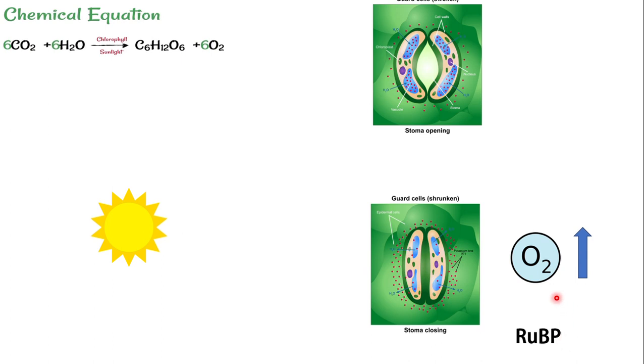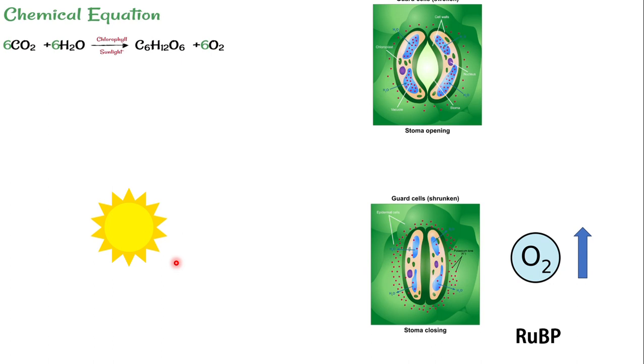So this reaction in which the oxygen reacts with the RUBP is called photorespiration. So you can say that photorespiration is the process in which oxygen and RUBP react and then produce carbon dioxide. And this reaction is carried out in dry and hot weather, or whenever the temperature is high.